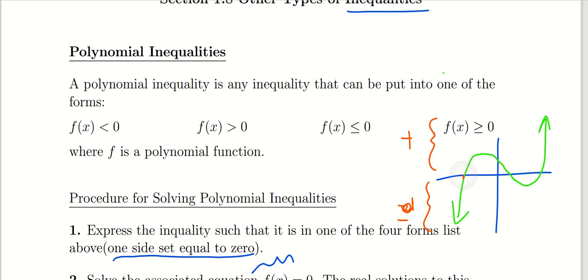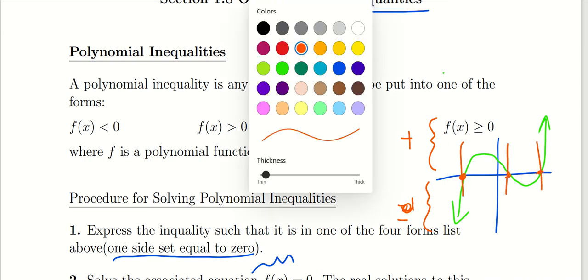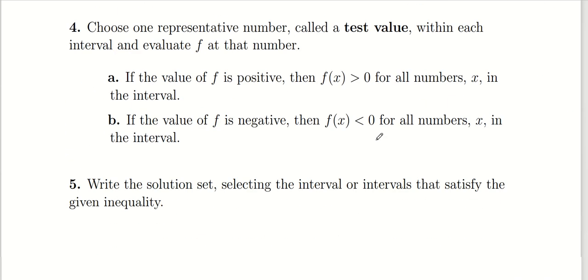And the only places where a polynomial, because it's continuous, can switch from negative to positive or vice versa, via something called the intermediate value theorem, which we're not going to talk about too much, is that it must pass through 0. That's why the boundary points are so important. Those are the potential places where the sign of a polynomial can switch. Other than that, if you look between the boundary points, the polynomial will have consistent sign in between those boundary points. So that's the reason why this method works.